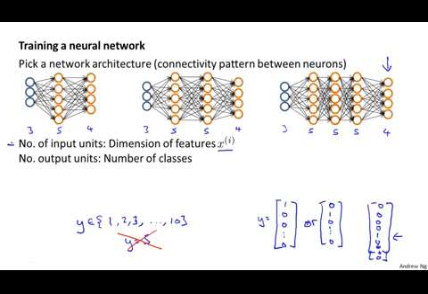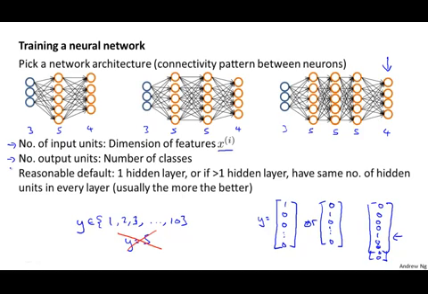So the choice of the number of input units and the number of output units is reasonably straightforward. As for the number of hidden units and the number of hidden layers, a reasonable default is to use a single hidden layer. So this type of neural network with just one hidden layer is probably the most common.